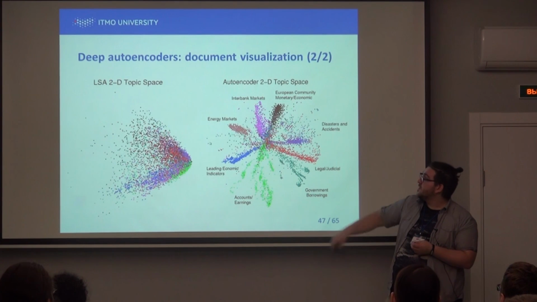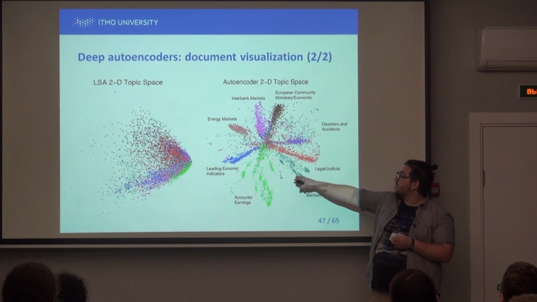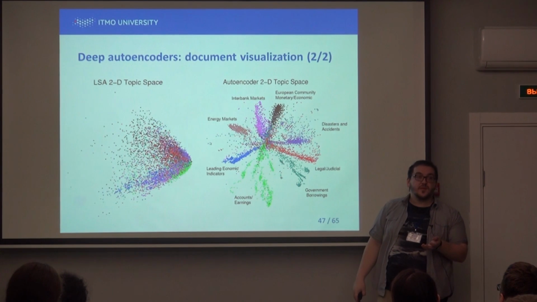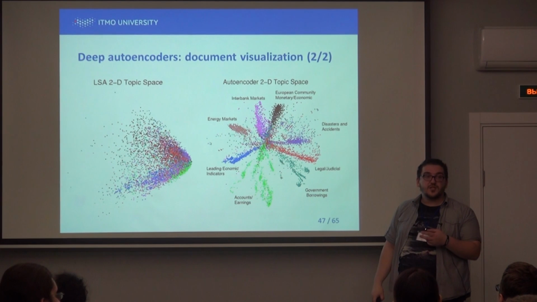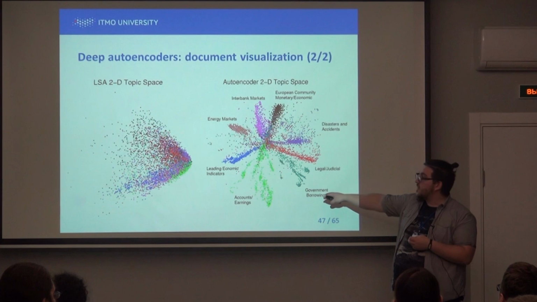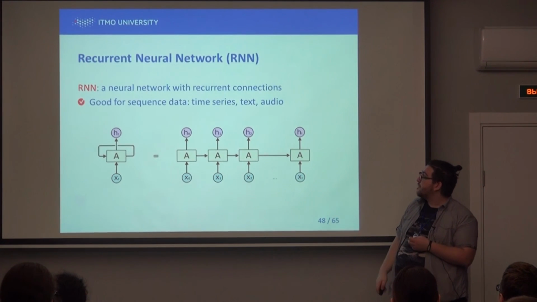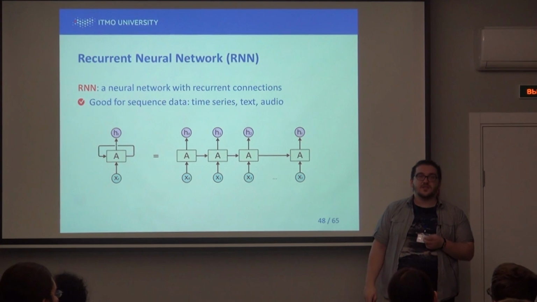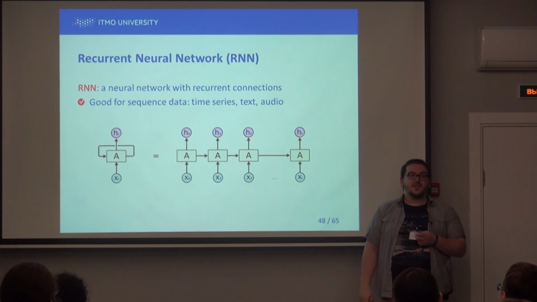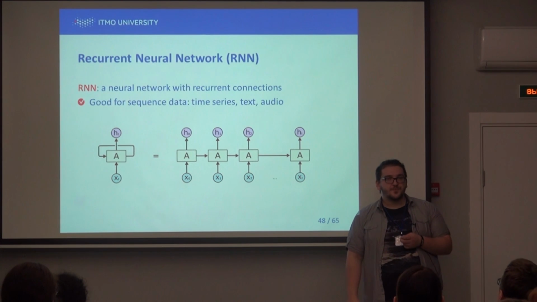So let's compare LSA and autoencoders. Colors represent document classes. So we just built a two-dimensional representation, which is really understandable by a human. Okay, another architecture which is second most important, and the first in natural language processing, is recurrent neural networks.